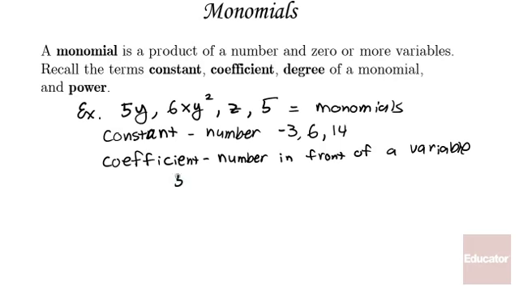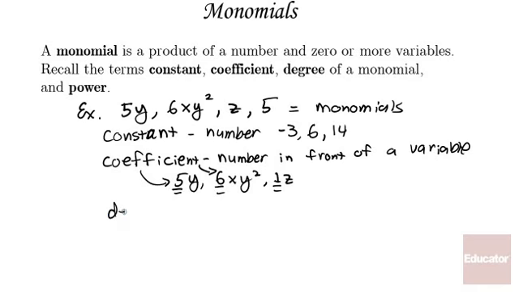So up here I said I had 5y and 6xy squared. 5 is a coefficient and 6 is a coefficient. When you see something like z, it does have a coefficient. It actually has a coefficient of 1. However, by convention, we usually don't write the 1. We just write it as z, but it actually does have a coefficient of 1.